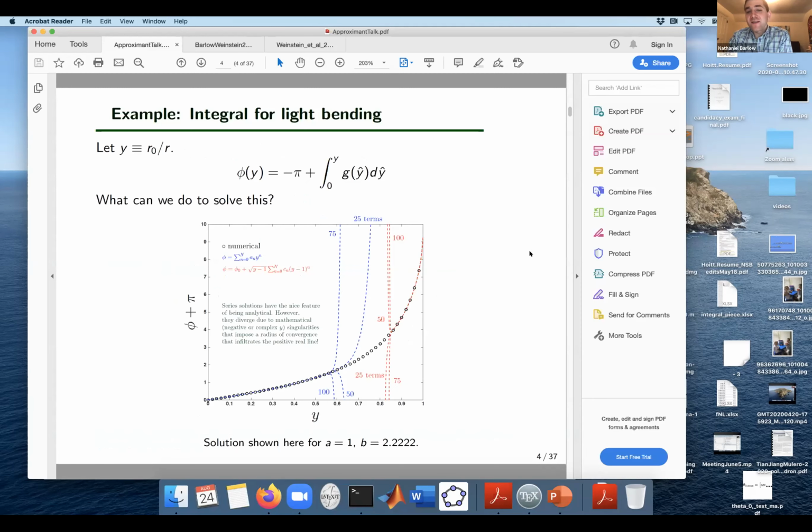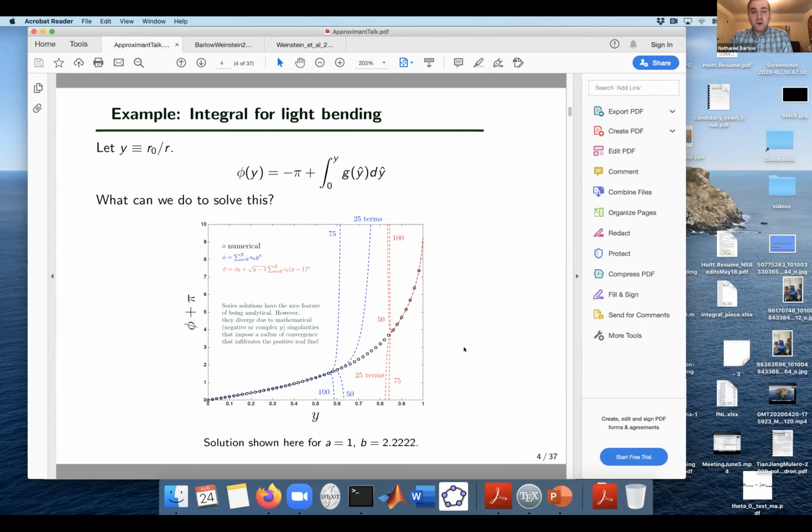So this is, I would say, an easy problem compared to the PN expansion or thermodynamics or some other problems that we've solved, because we know where to expect it to fail. It would be really nice if the singularities were such that the blue region and the red region overlapped, but unfortunately they don't. So you have this big gap in between where you can't pick up the solution.